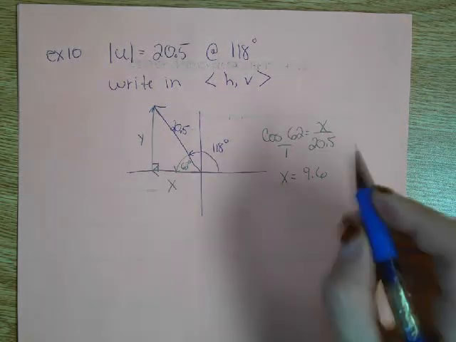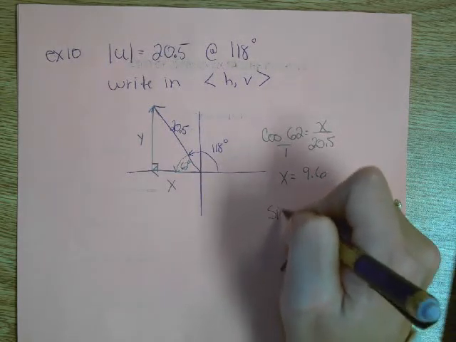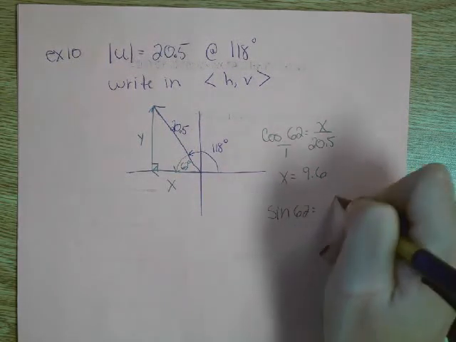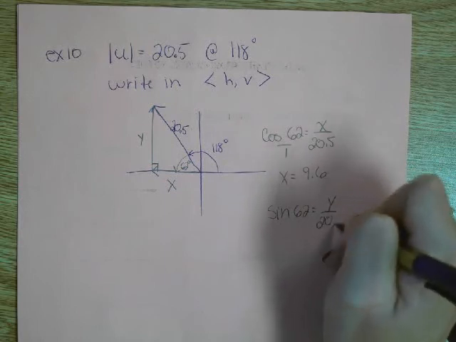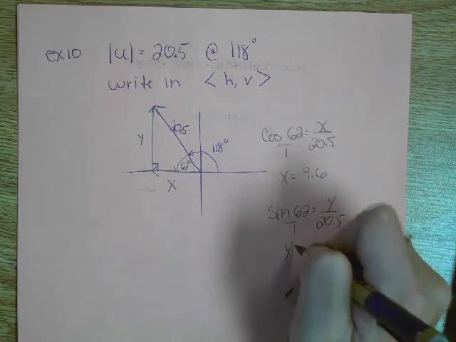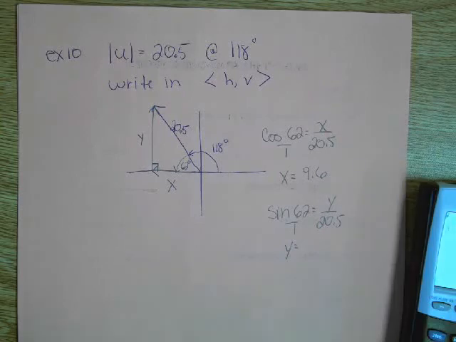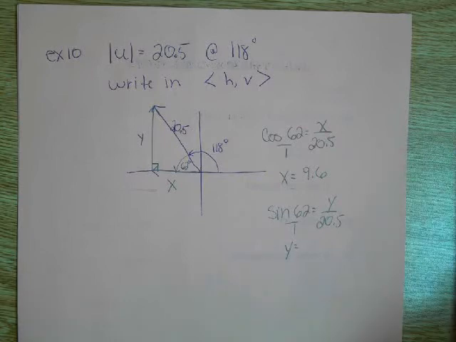Then we'll do sine for opposite over hypotenuse. 18.1.